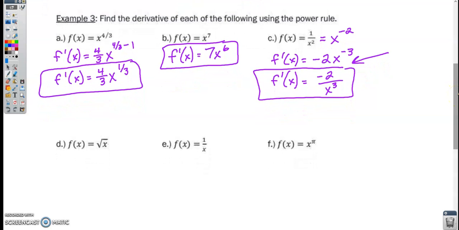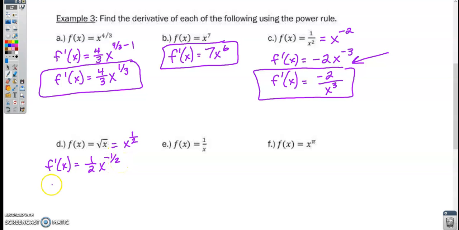All right, part D. F of x equals the square root of x. The square root of x can be rewritten in power form as x to the 1/2. And so f prime of x is going to be equal to, bring the power in front, subtract 1 from the power.